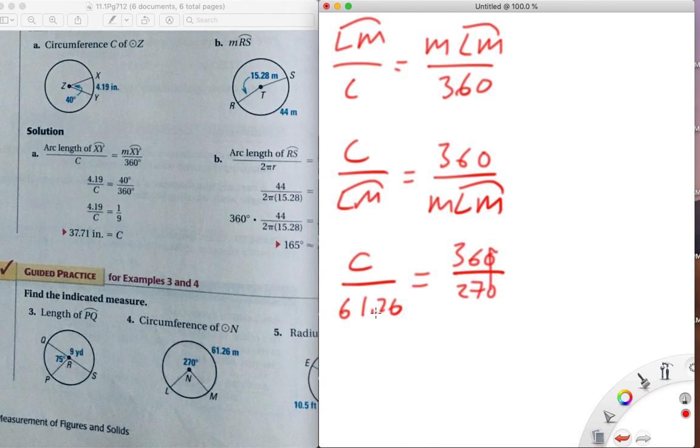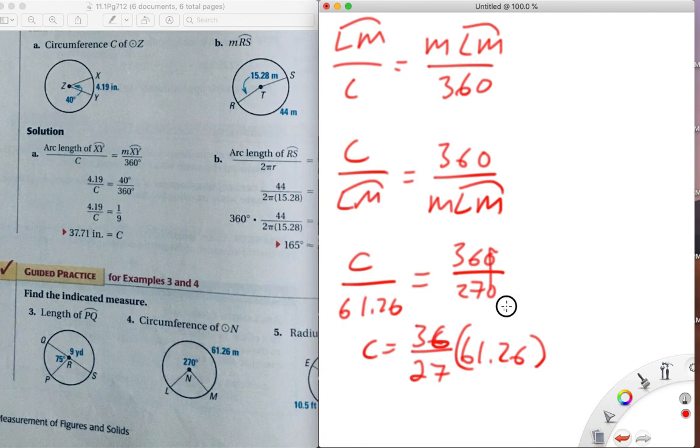So I'm going to multiply both sides by 61.26. So circumference is equal to 36 over 27 times 61.26.